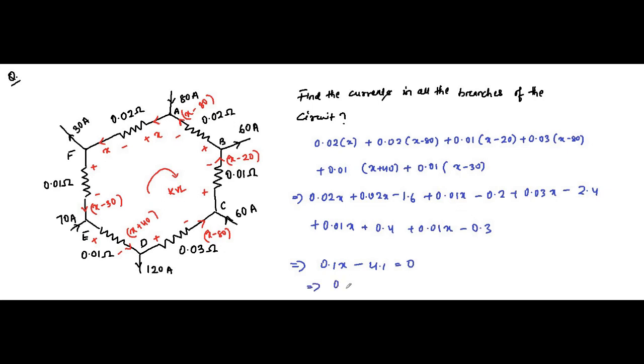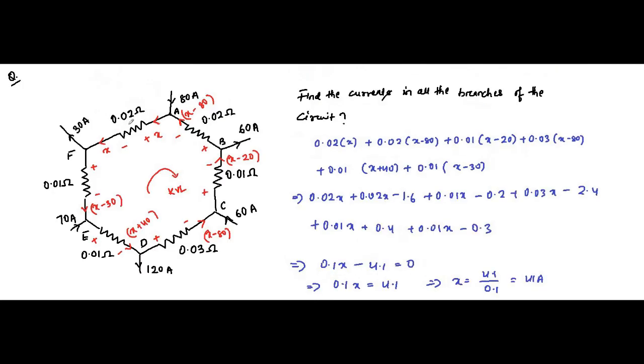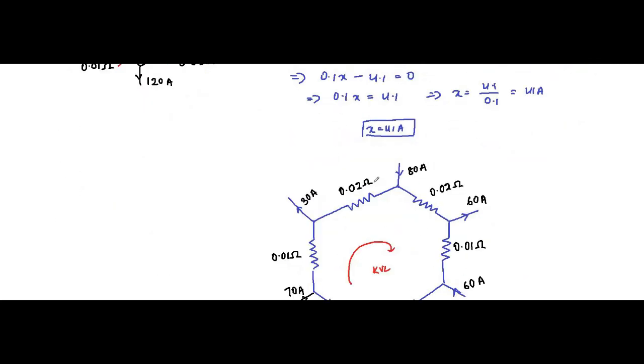That implies 0.1x is equal to 4.1, so x is equal to 4.1 by 0.1, which is equal to 41 ampere. X is equal to 41 ampere, which is the current flowing through this AF branch.